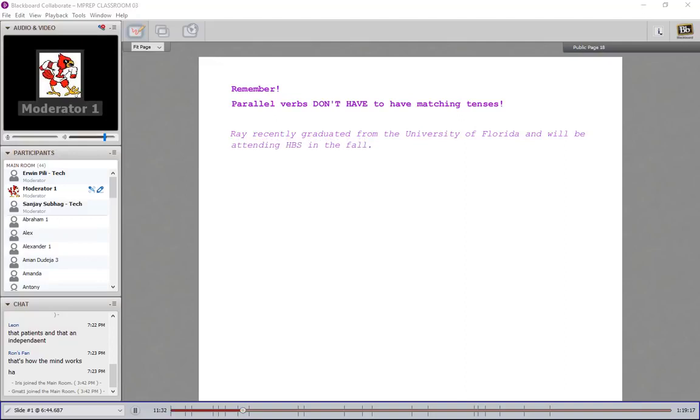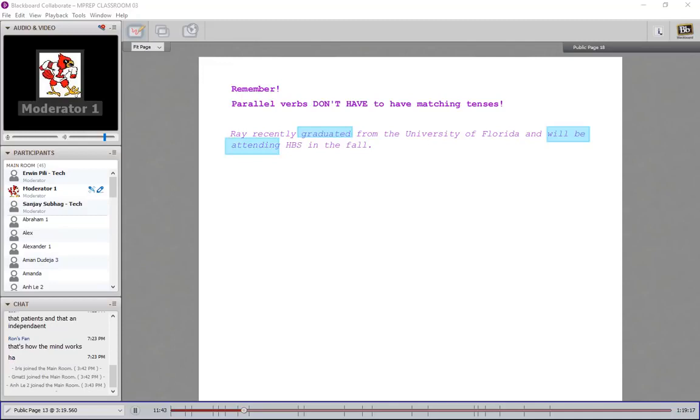Okay. So we have parallel structures here. We're saying two things about Ray. One of them is this, and the other one is this. Give me a smiley face if it makes sense to you that these do not have to be in the same tense, and in fact that they can't be in the same tense. Give me one of those blue faces if that doesn't make sense.